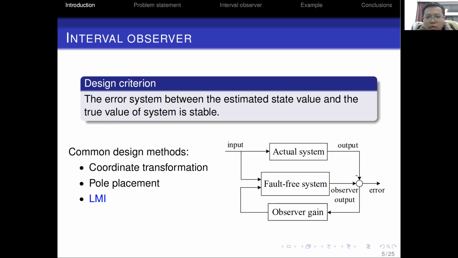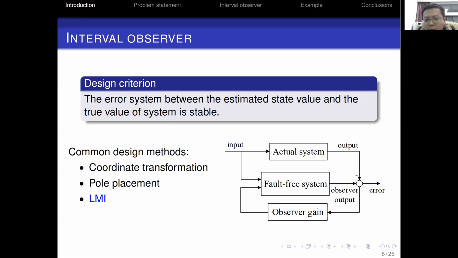So the first thing we have to do is to test the system. Some common design methods include coordinate transformation and pole placement. The commonly used one is the LMI method. Also in this talk, we use the LMI to make the system stable.